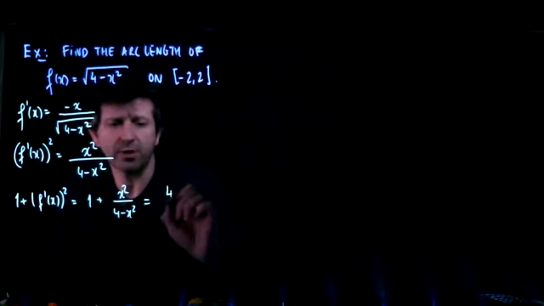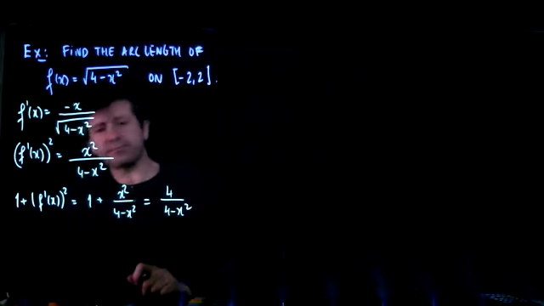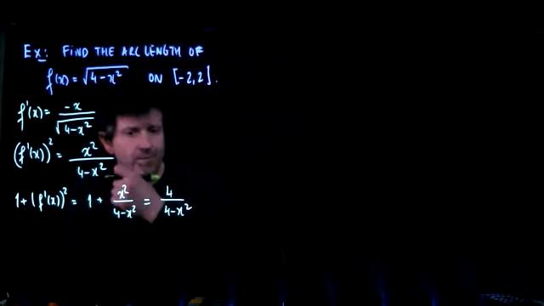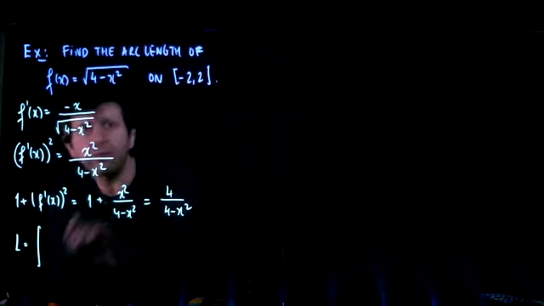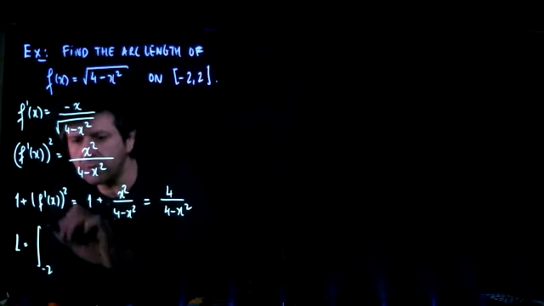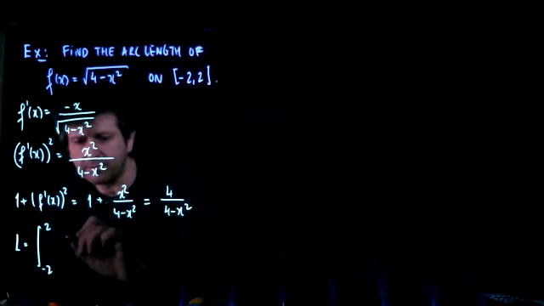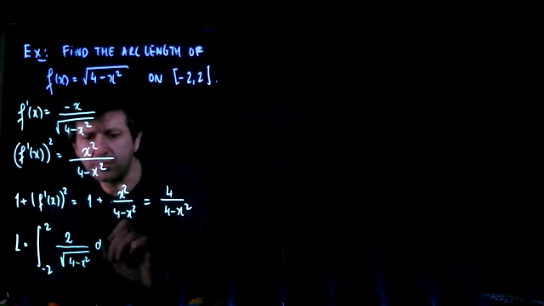If you simplify this, you get 4 over 4 minus x squared. So the length will be the integral from negative 2 to 2 of the square root of that, so 2 over the square root of 4 minus x squared dx.